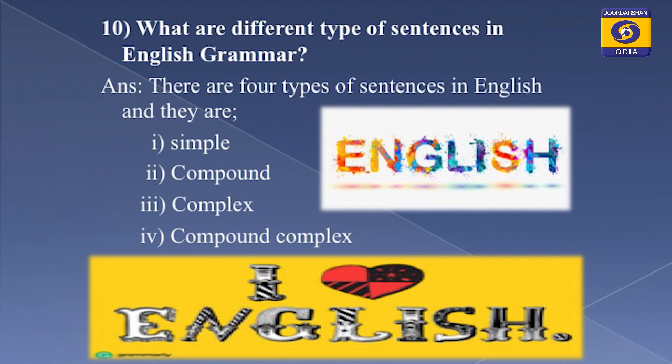In your English grammar textbook, there are three types of sentences: simple, compound, and complex. But besides that, there is also another type of sentence, called the compound-complex sentence.